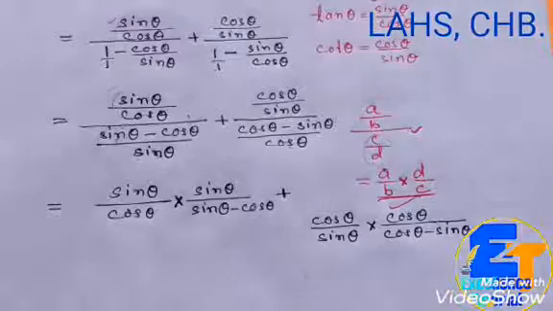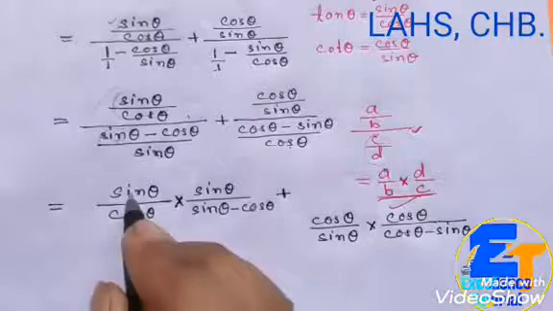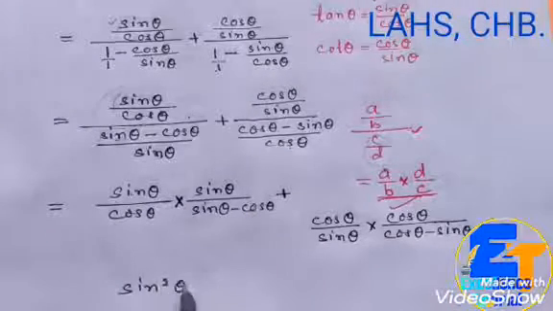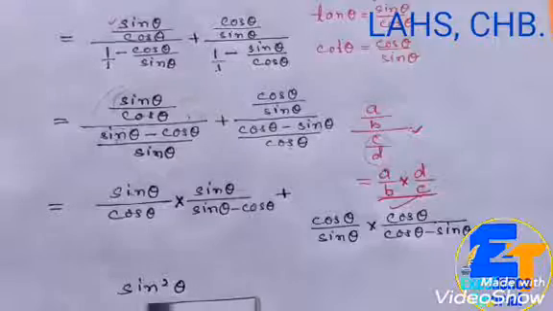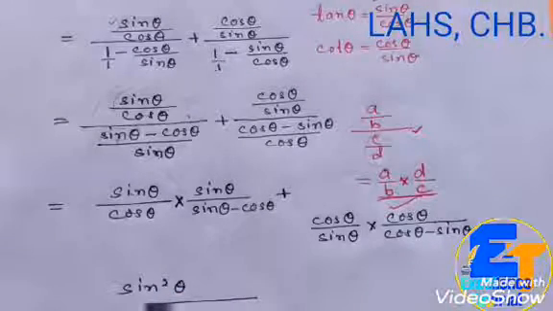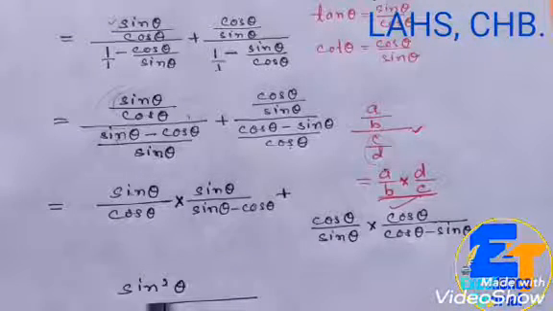Okay, in the next step we are going to multiply sine into sine, it will become sine square theta. Now see, cos into this term, so we can write in this way: cos theta, put bracket sign, sin theta minus cos theta.